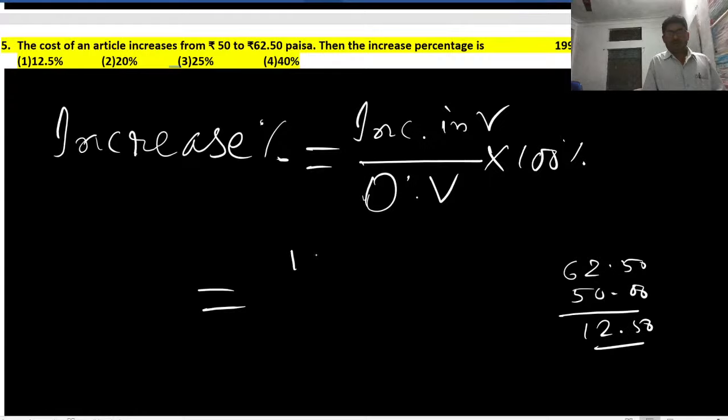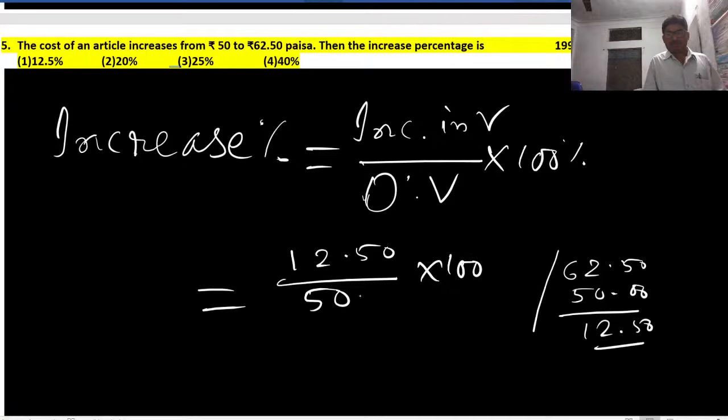So 12 rupees 50 paise by the original value 50 rupees into 100 percentage, which is 25 percentage, option 3.